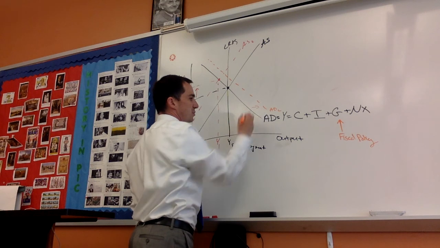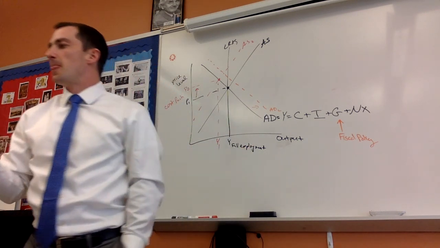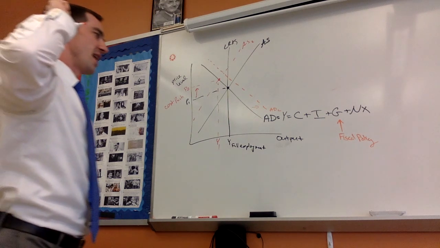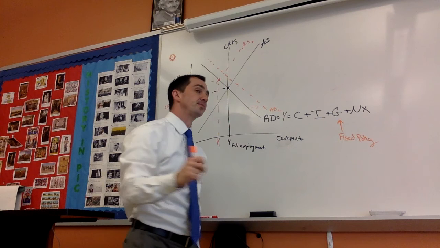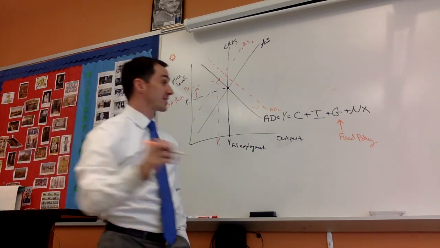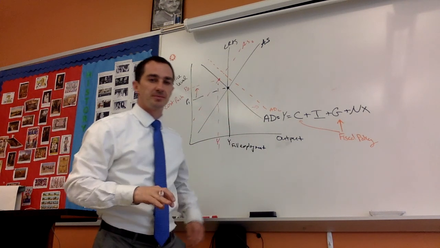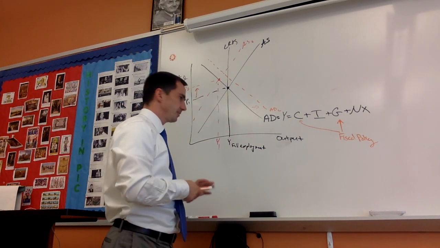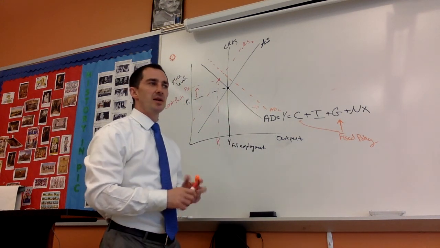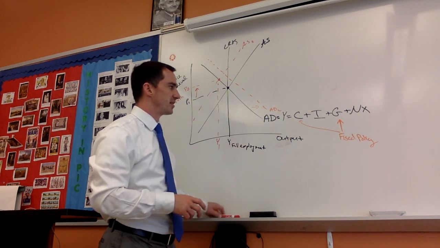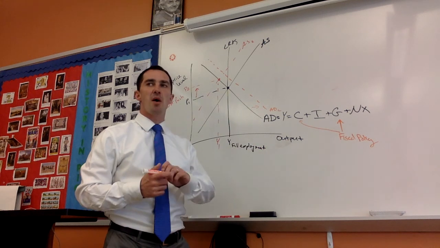But they could shift it this way by using what's called discretionary policy, which means we're going to vote on a budget that has more public works. Or they could vote for tax cuts for people to increase consumption. But maybe there's not enough votes in Congress to get that done, to approve fiscal policy.